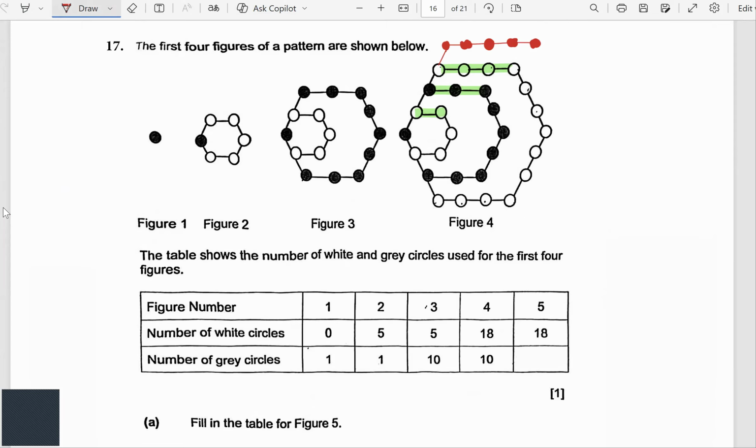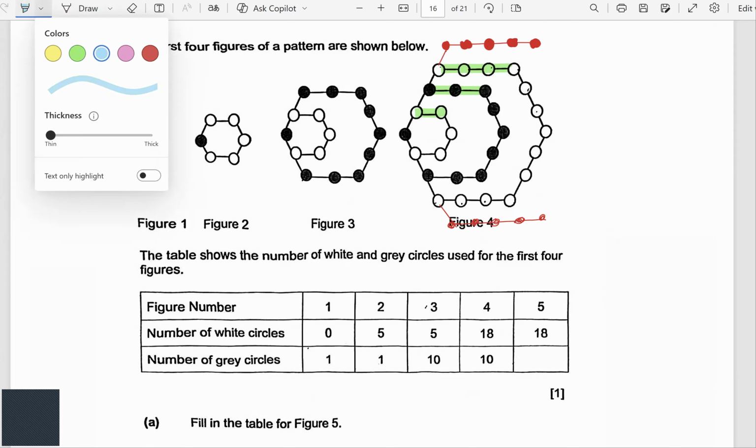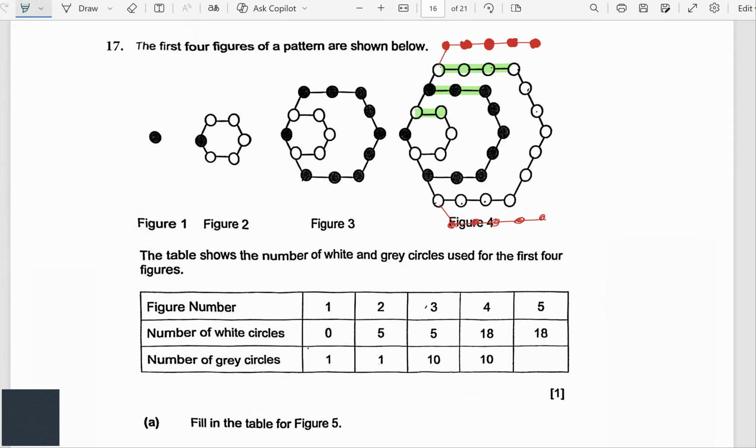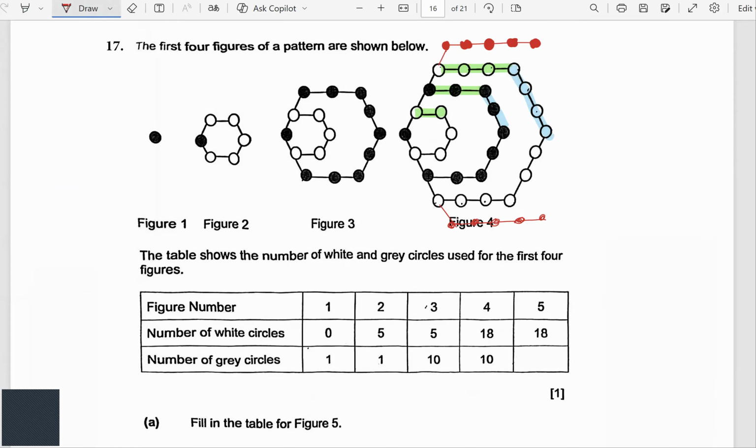5 on top, 5 below. 1, 2, 3, 4, 5. Then from here, there should be 1 here.